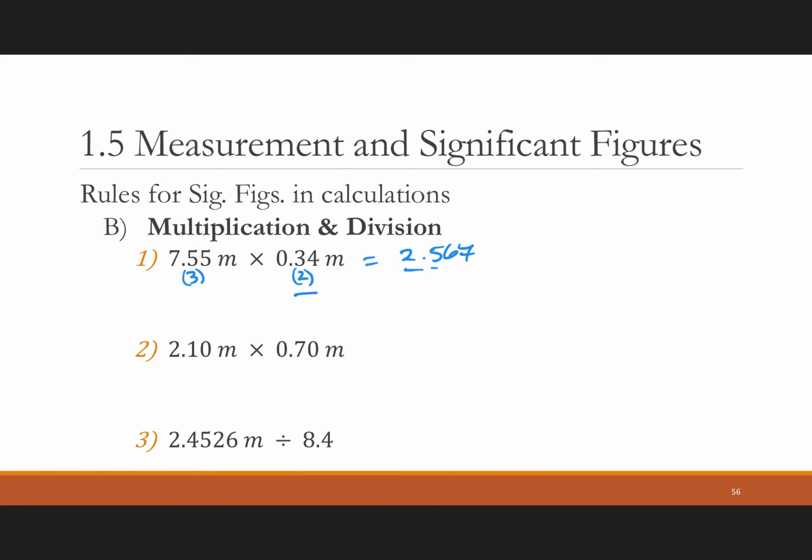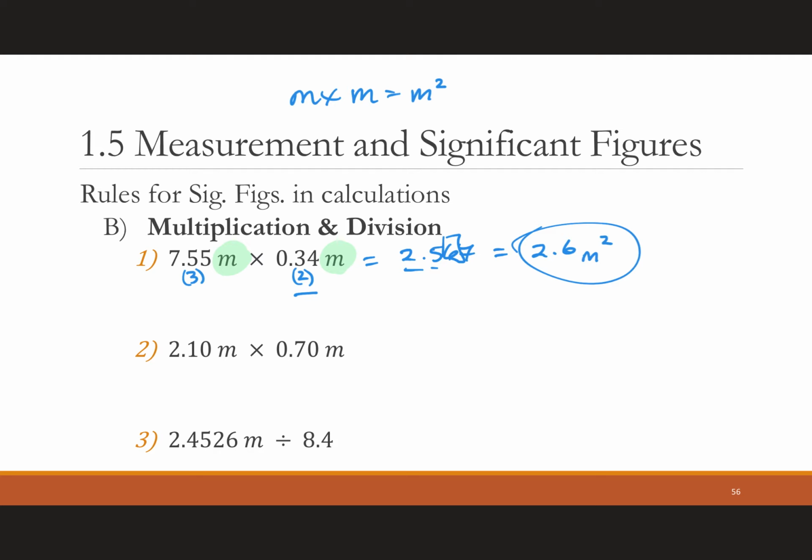So 1, 2, and then you have a 6, so that's going to round up, and that makes it 2.6. The next thing you do have to consider for multiplying and dividing, though, are what the units are. Meters times meters will be meters squared. So 2.6 square meters would be the answer there.